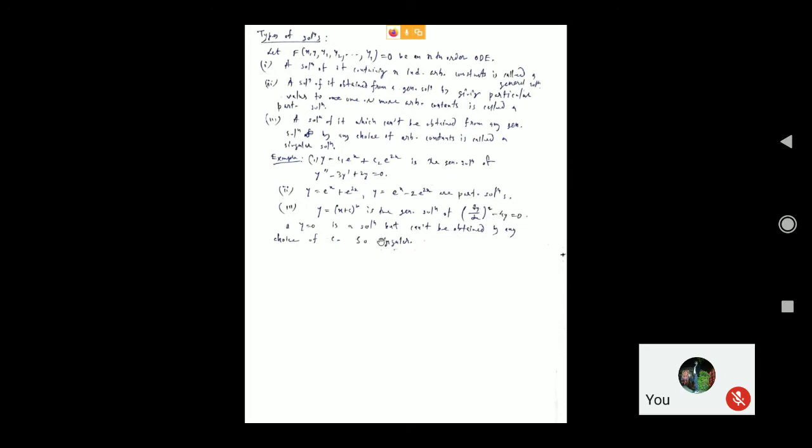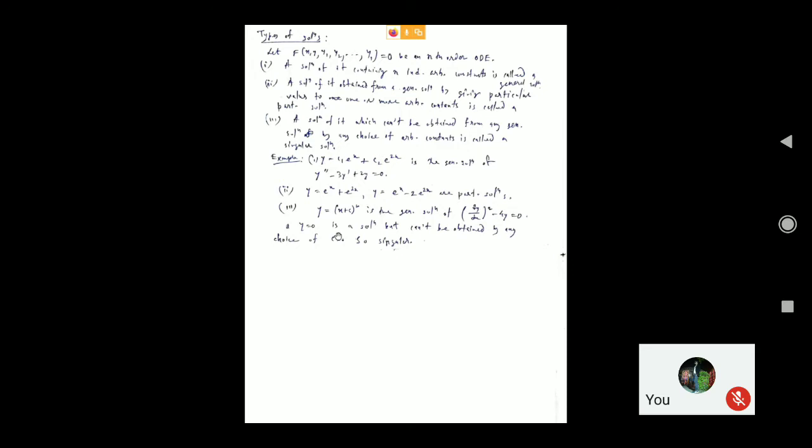But you cannot obtain y = 0 by giving any particular value to the arbitrary constant c. This solution cannot be obtained from the general solution, but still it is a solution. Such solutions are called singular solutions.